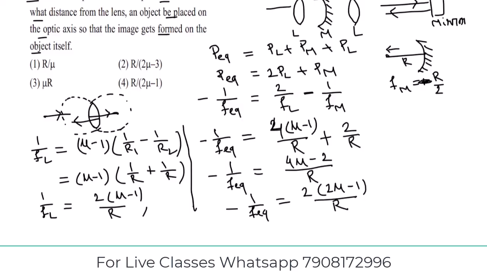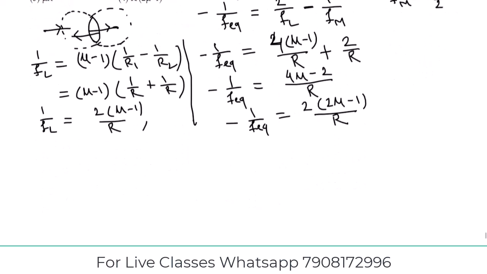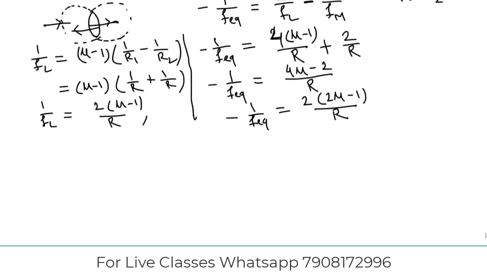Now we get the equivalent focal length of the system: 1 by f equivalent is equal to minus twice (2 mu minus 1) divided by r.